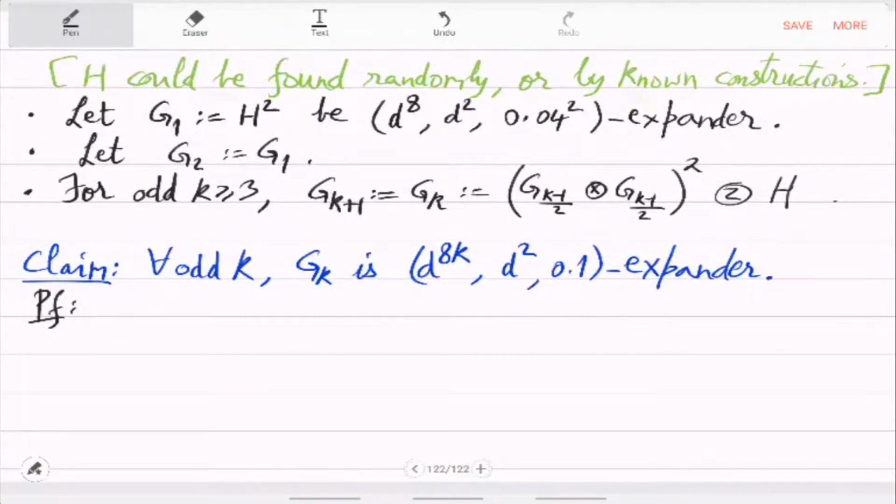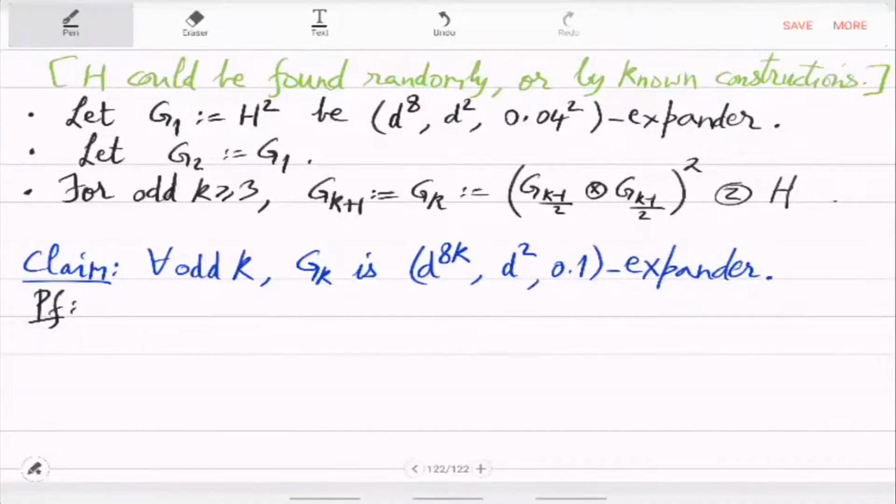It's an exponential in k sized graph. Degree is d square, so it's constant, and expansion is 0.1 spectral norm. This is true for every odd k. Every other one is equal to the prior one, but overall as k grows, this is giving you a bigger and bigger expander. Still constant degree, the expansion the same, as an upper bound.